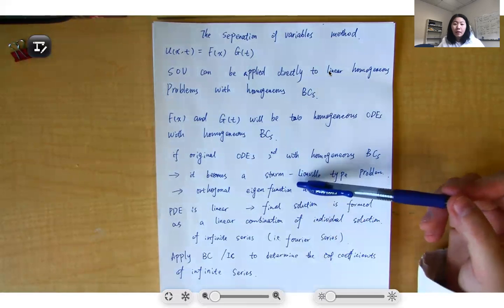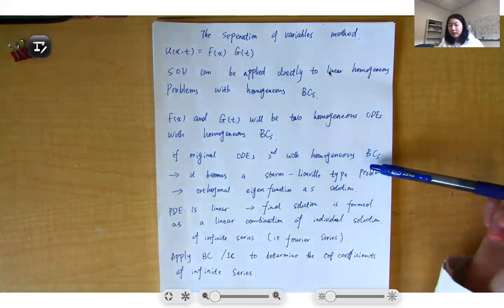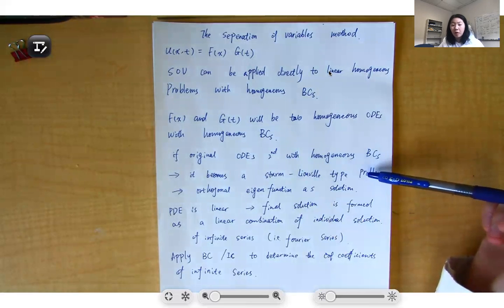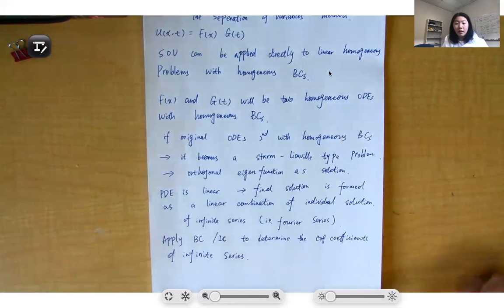If one of them is a second order homogeneous ODE with homogeneous boundary conditions, it becomes a Sturm-Liouville type problem. Then the solution will become an orthogonal basis set. And the solution of the PDE will be a linear combination of those individual solutions, an infinite series, such as a Fourier series in sine, cosine form.